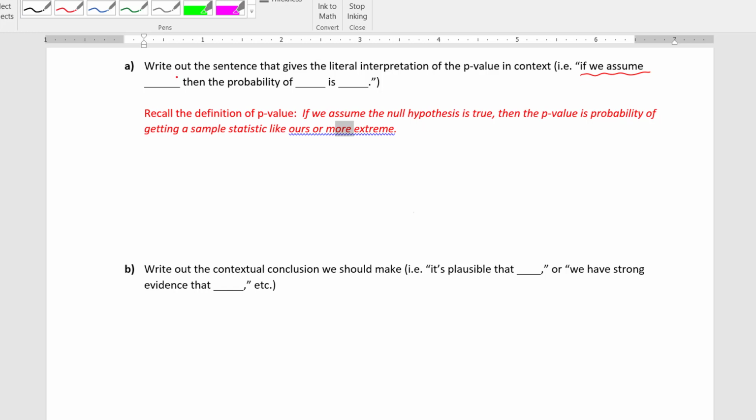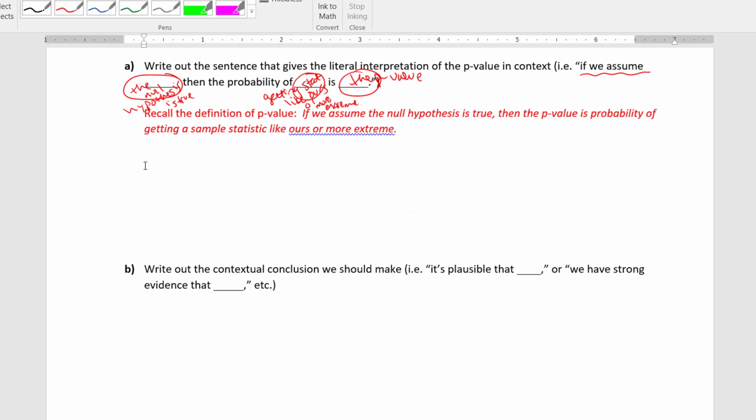Notice what it says. If we assume blank, this area here is the null hypothesis is true, but we'll have to say that in context, then the probability of getting a sample statistic like ours or more extreme, with more details in the context of the problem. And the probability of that is the p-value, which we can now give because it was given to us in the problem. So I'm going to say all that in the context of voters voting for Mr. Young.